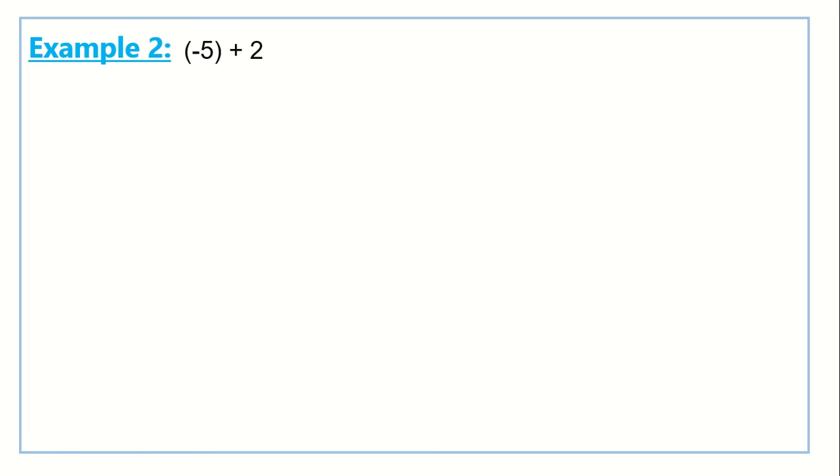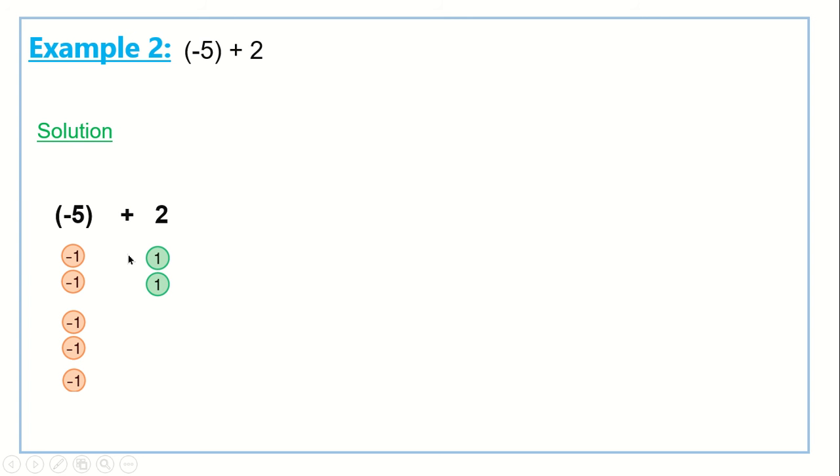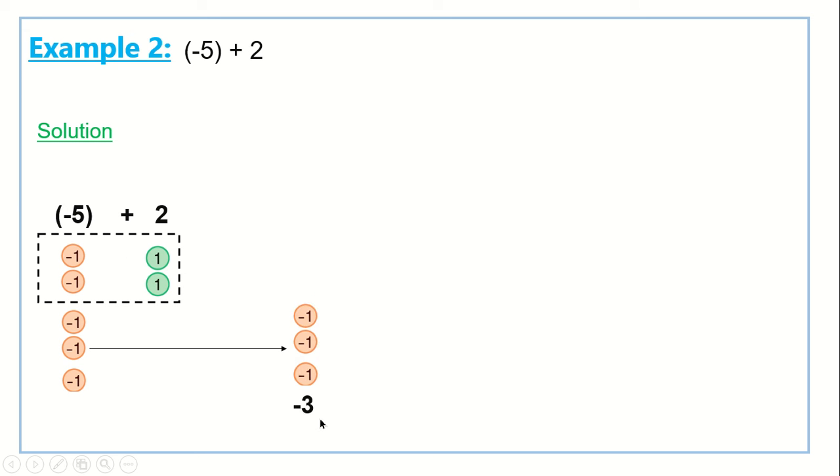-5 plus 2. So we have 5 disks of -1, and we have 2 disks of 1. Now, this will make a 0 pair to remain with negative 3.